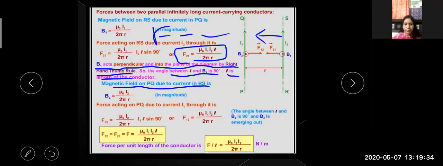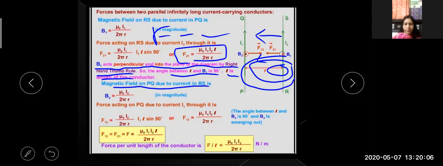So in this, let's draw the magnetic field for conductor RS. In this case, we see that the magnetic field is outward, opposite to the previous case. Clear?